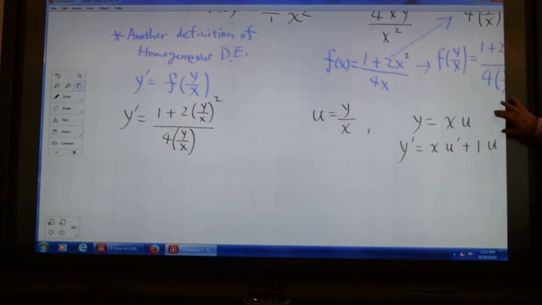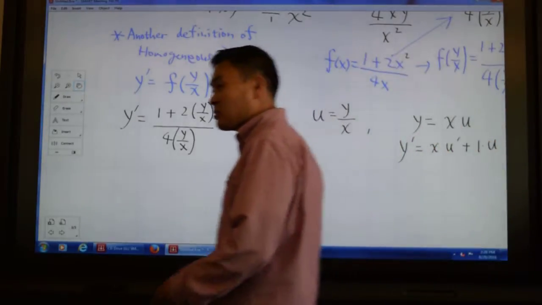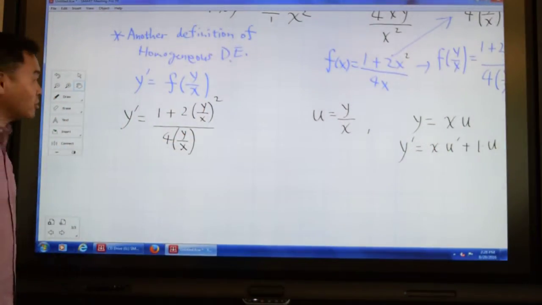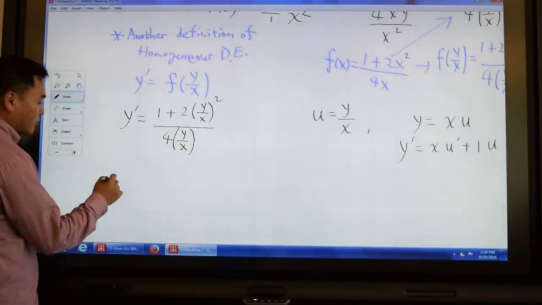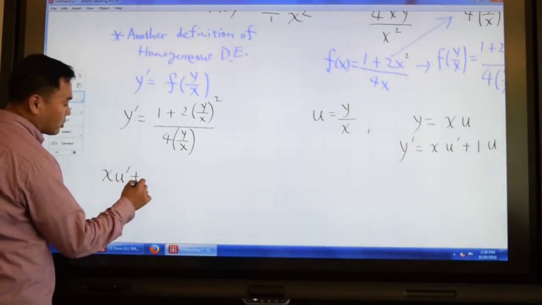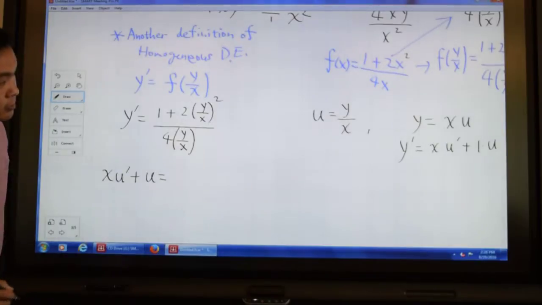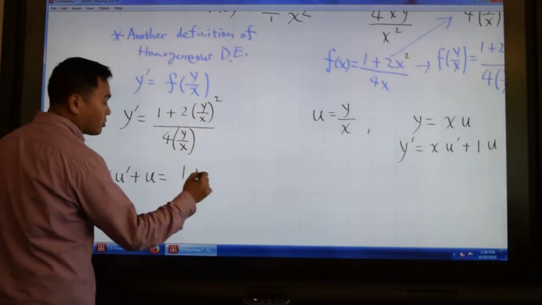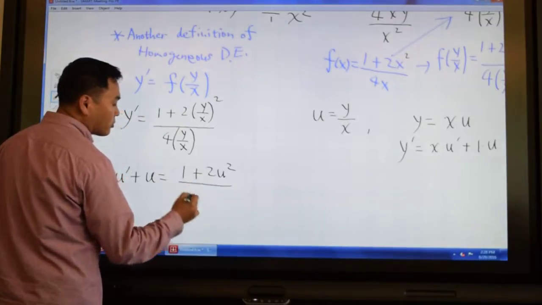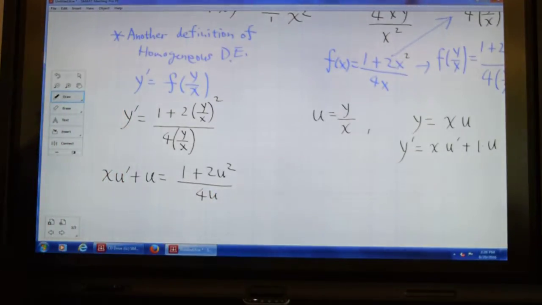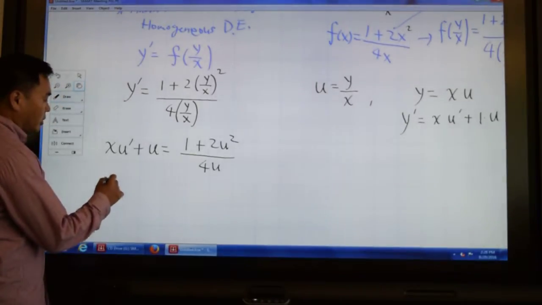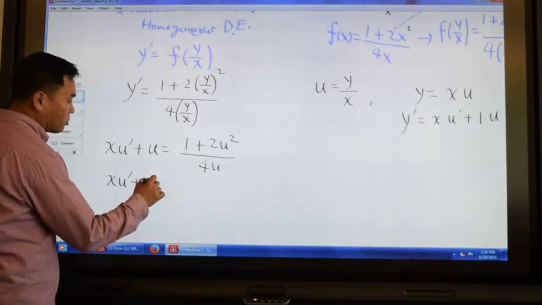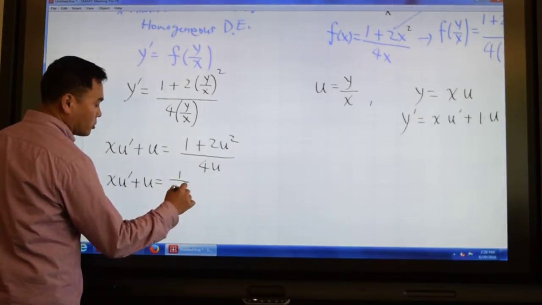And that change of variable works very nicely in any such homogeneous differential equation. So let's try this. y prime is x u prime plus u, equal to 1 plus 2u squared over 4u.